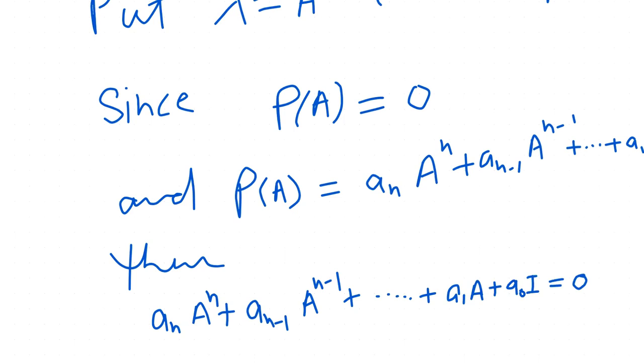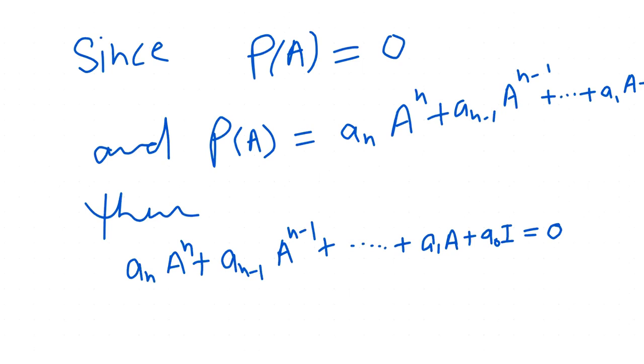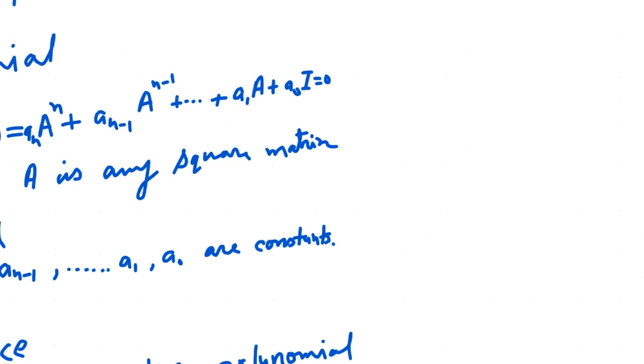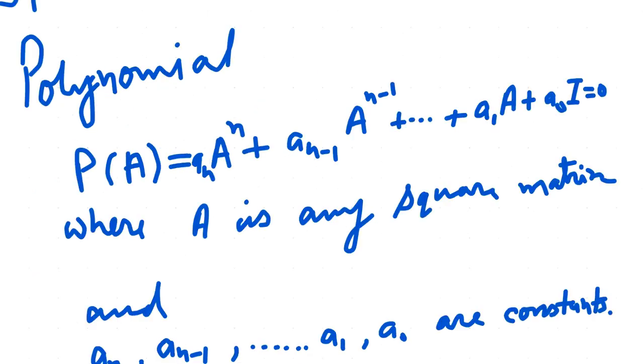This will be the 0 matrix because we are taking A as a matrix. So let us take O here. We can take it as the 0 matrix or null matrix, denoted by O. Remember, the 0 matrix has all elements as 0, according to the order of A.